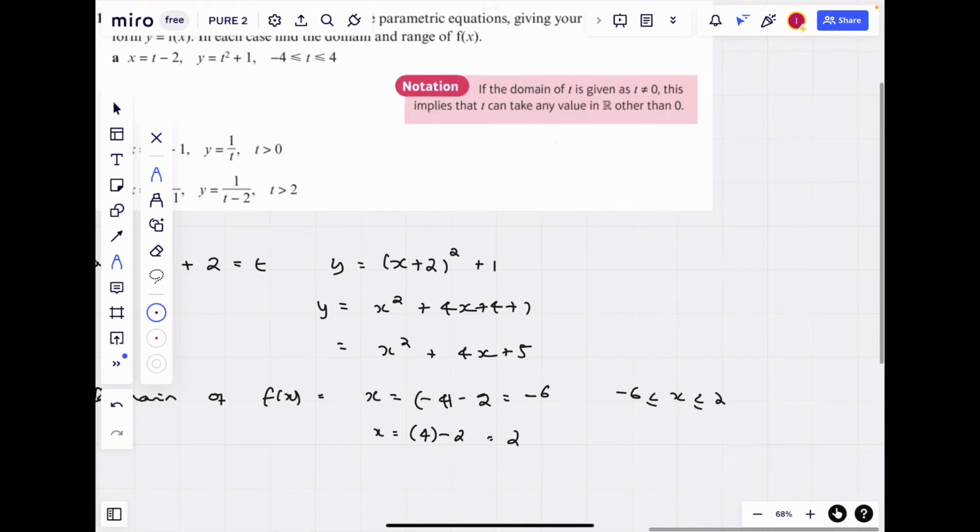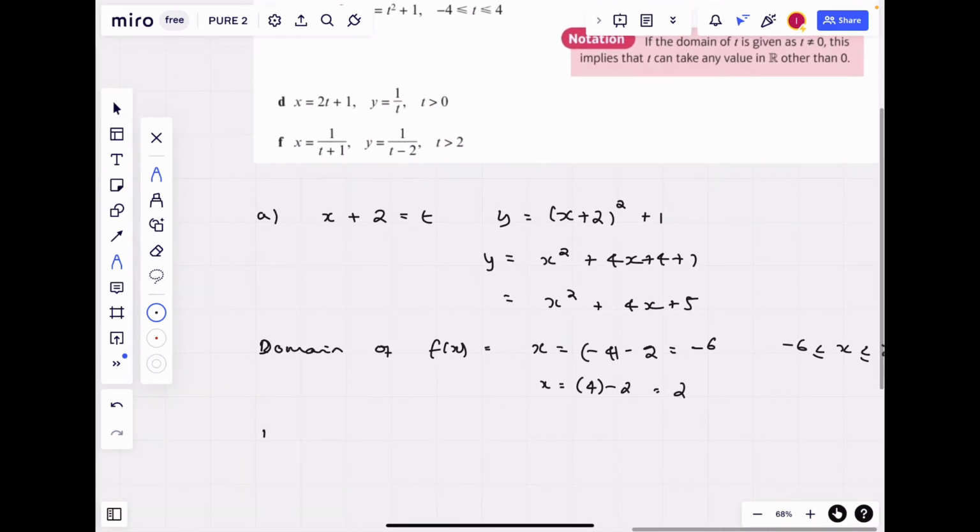For the range, you're going to do the same thing, except you plug it into the y parametric. So y equals (-4) all squared plus 1, and (4) all squared plus 1.